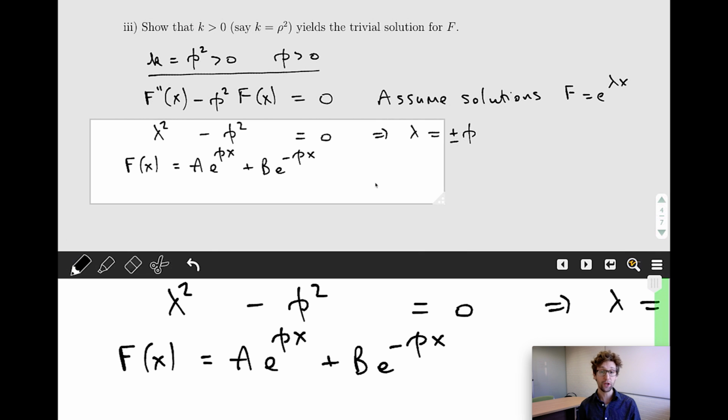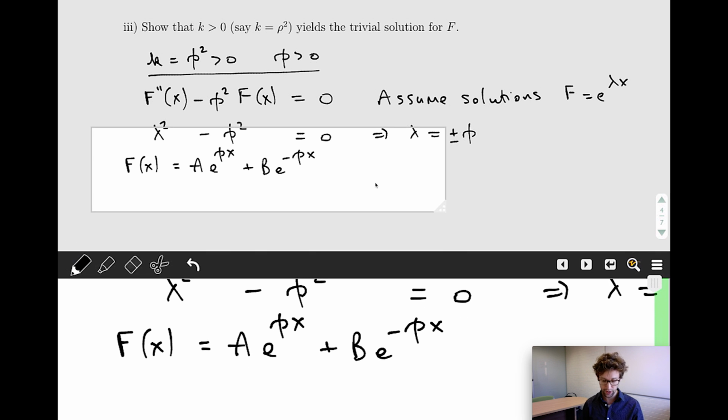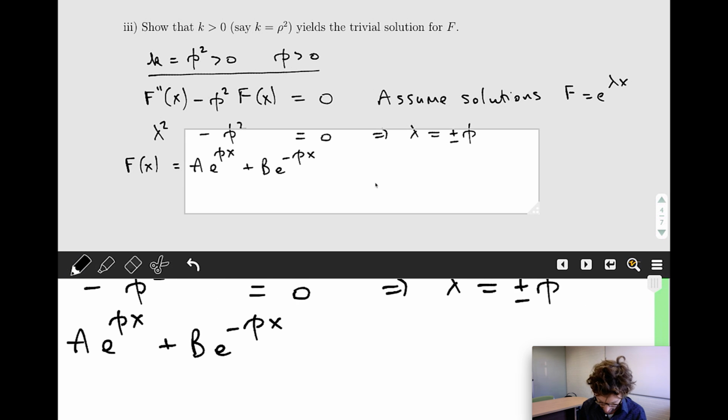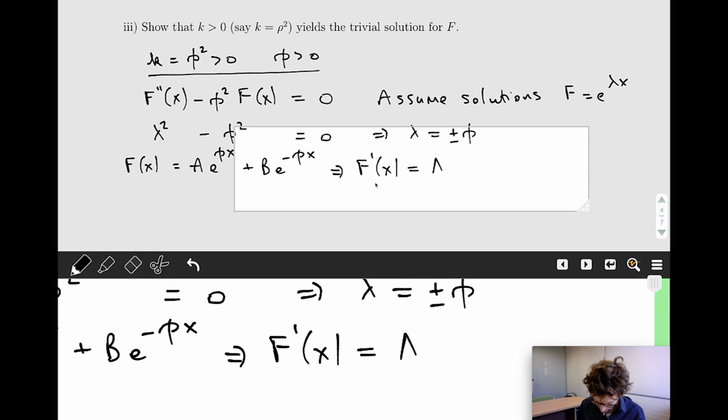A and B are our integration coefficients, and we're going to use our boundary conditions to figure out what they are. But remember, our boundary condition is a condition on f prime, not on f. So we need to calculate what f prime is, the derivative with respect to x. So that's going to bring down a factor of p and a factor of minus p.